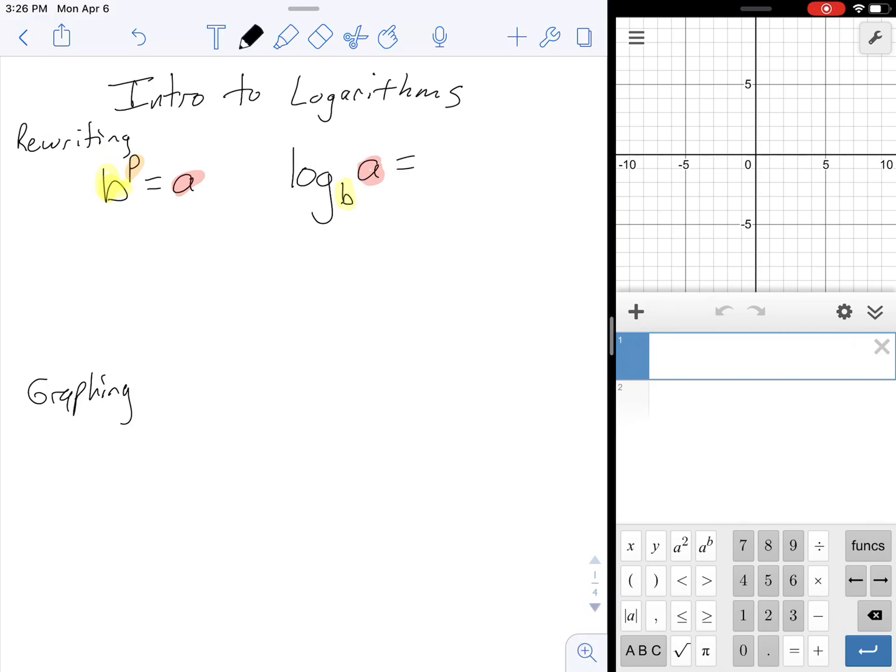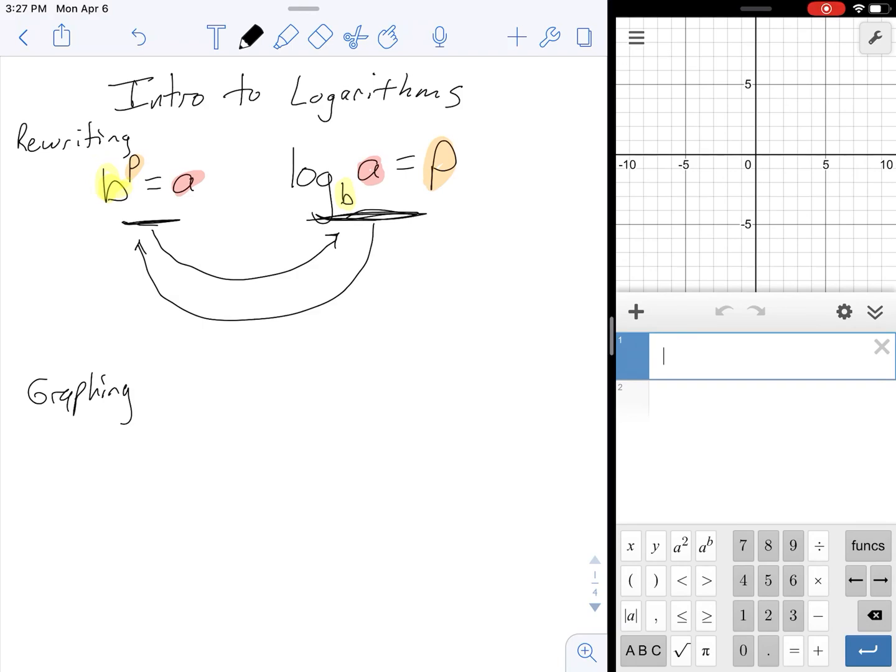Then logarithmic equations have an equal sign, and the other side of the equal sign is the power, which is in orange over there. So it's the same three numbers, just rearranged with a little log abbreviation in front of it. So you're going to be asked to take something that's given like this and change it into that, and you're going to be asked to take something that's given like this and change it into that.